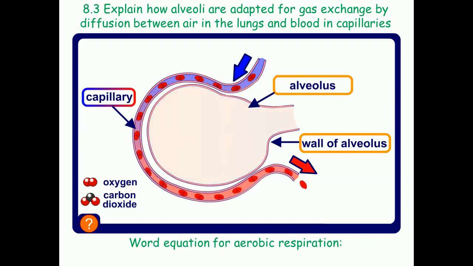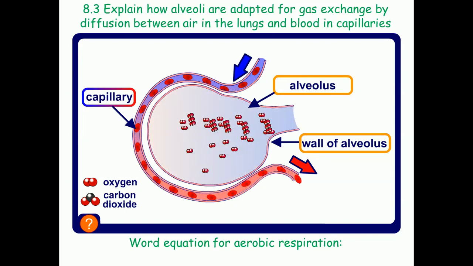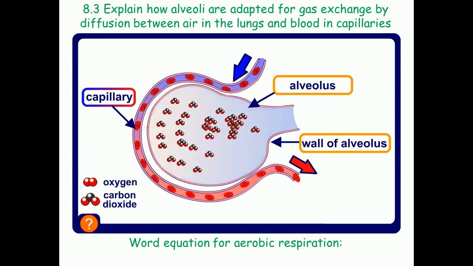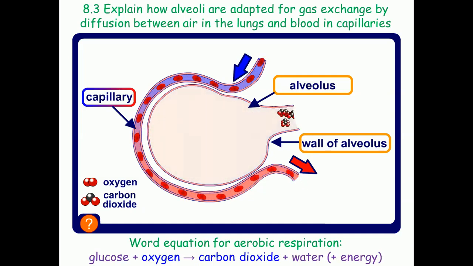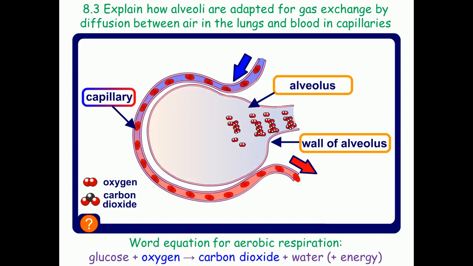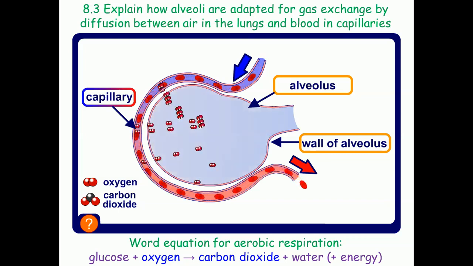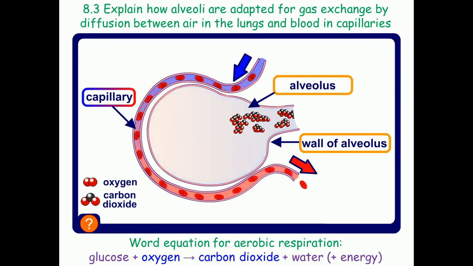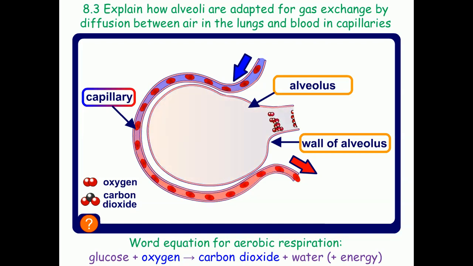The carbon dioxide diffuses out so we can breathe it out. And this is important because both oxygen and carbon dioxide are involved in aerobic respiration. So in aerobic respiration you've got glucose that reacts with oxygen and that produces carbon dioxide and water, which releases energy.